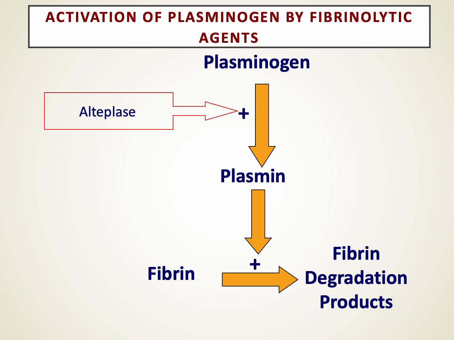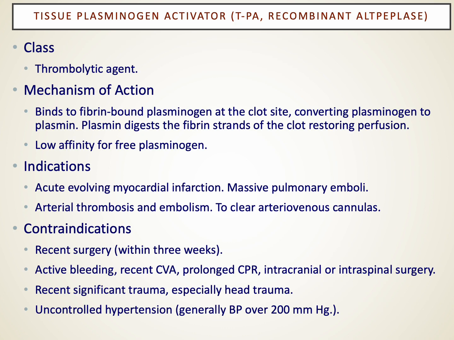So these agents will work by interfering with the conversion of plasminogen to plasmin. Their indications are for an evolving MI, really second-line therapy, or first line is get them to the cath lab, or for a massive pulmonary embolism, or for other thrombotic events. But there are lots of contraindications to use.